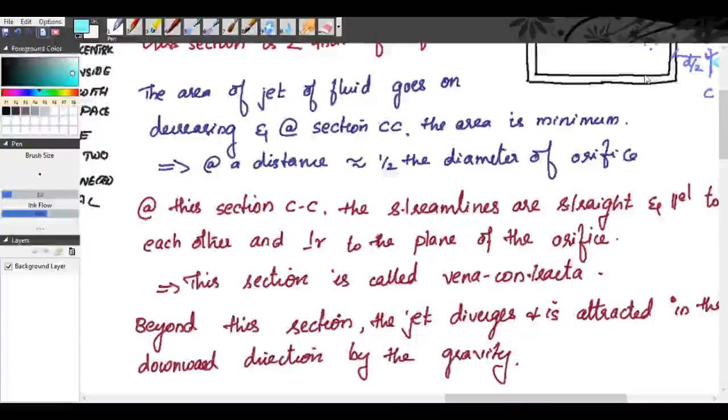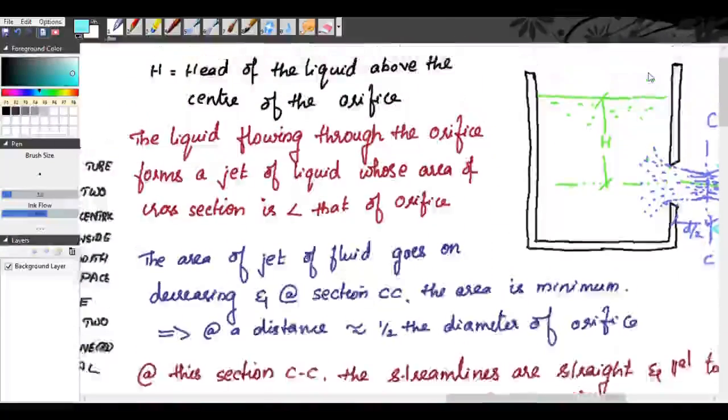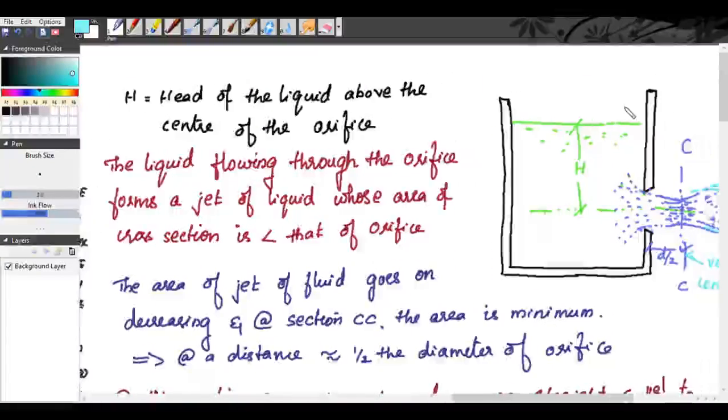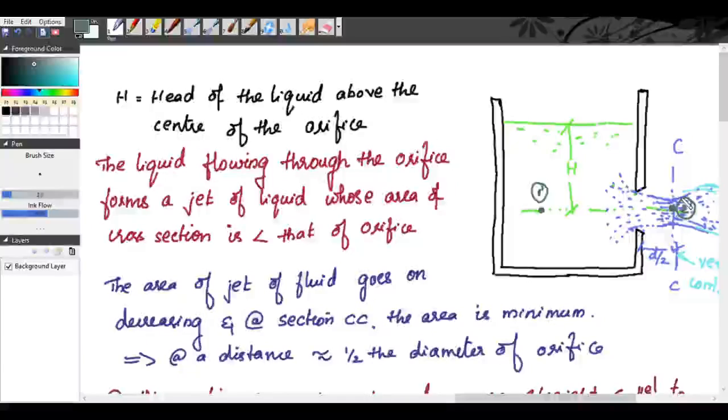We will consider 2 points, 1 and 2. Point 1 we will consider at a distance far away from the orifice, at this point. And point 2 is taken at the vena contracta.